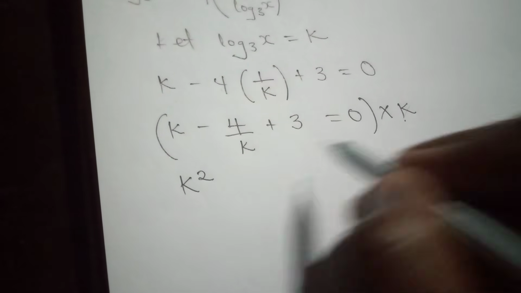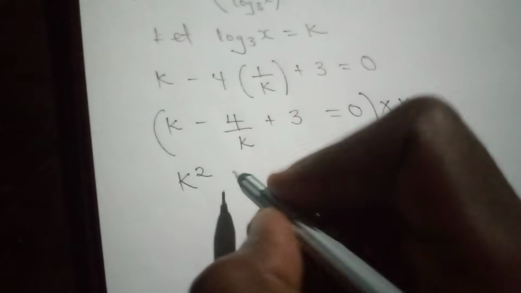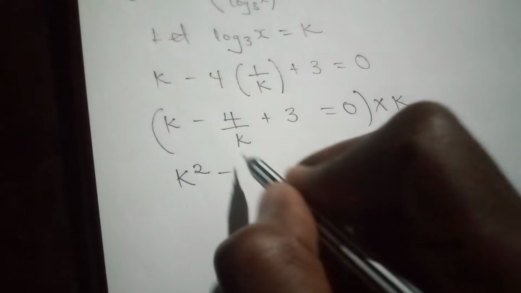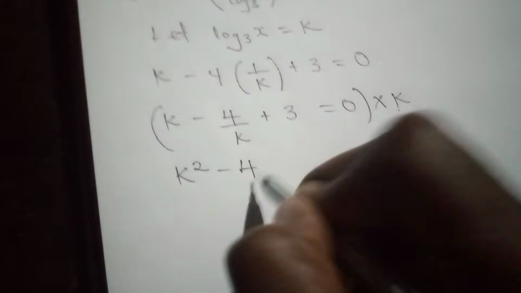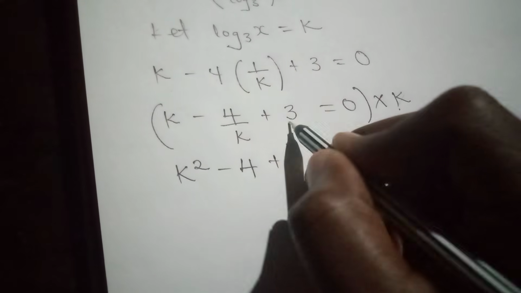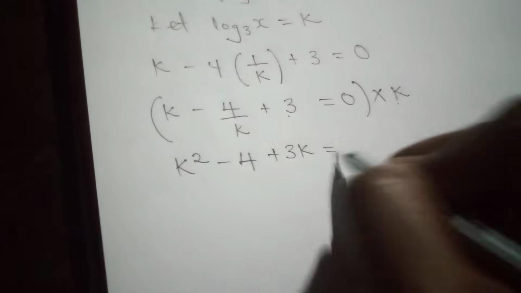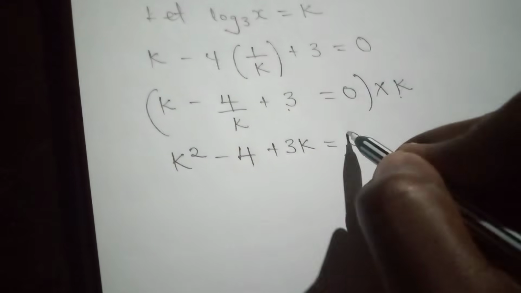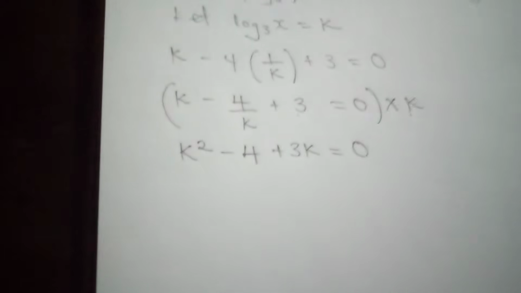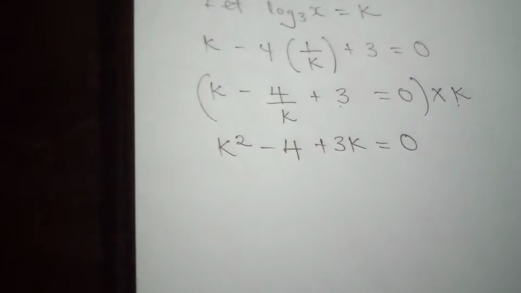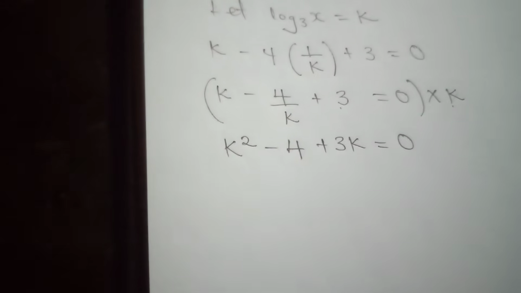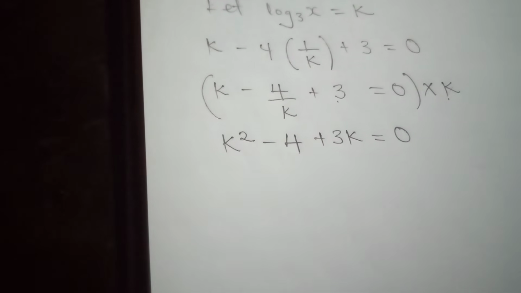This k and that k are going to cancel each other. I'm going to remain with the 4 plus 3 times k, that is 3k is equals to 0. From there you can see that now it has become a quadratic equation.